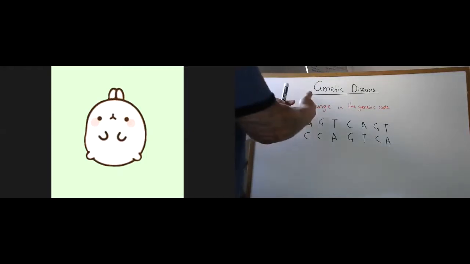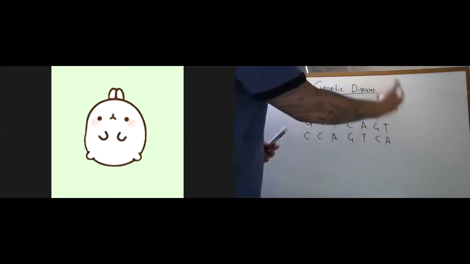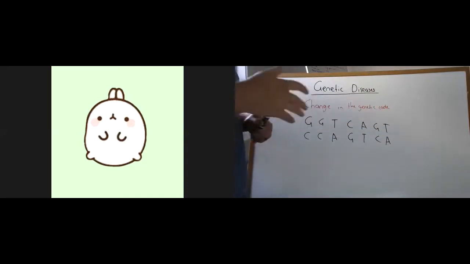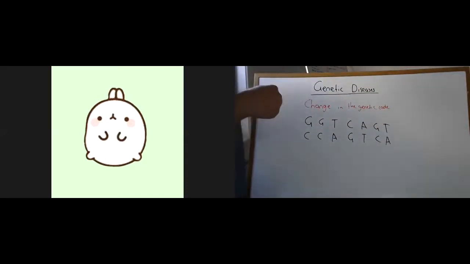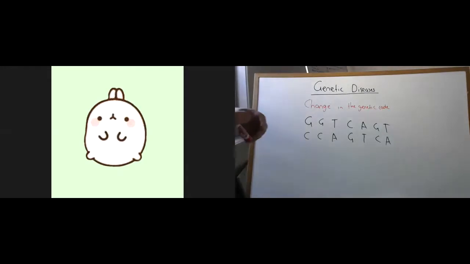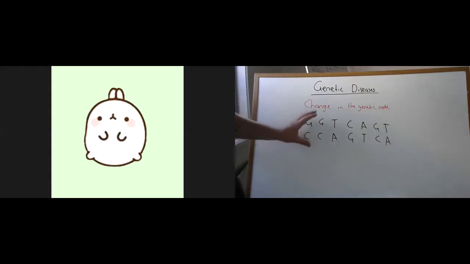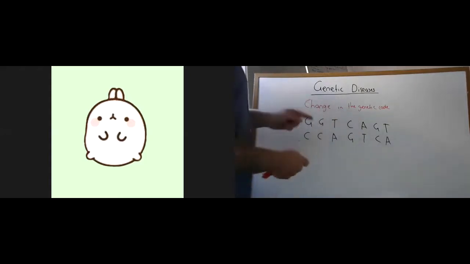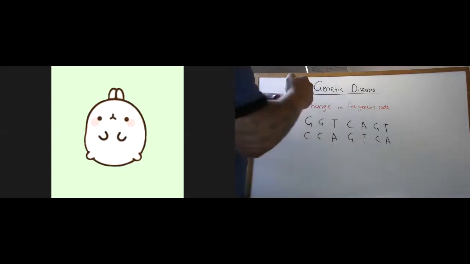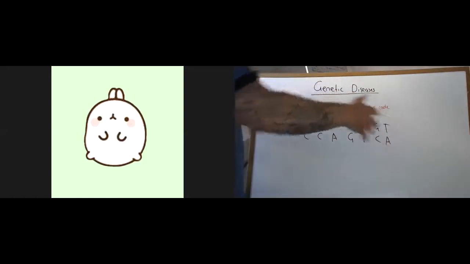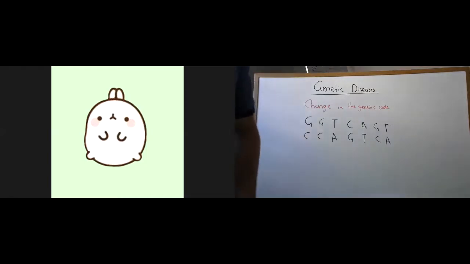So if we change the code that is supposed to make the protein, so let's have a think about what will happen if I change even one of these, or even if I switch the position around. Will the protein at the end do what it's supposed to do?